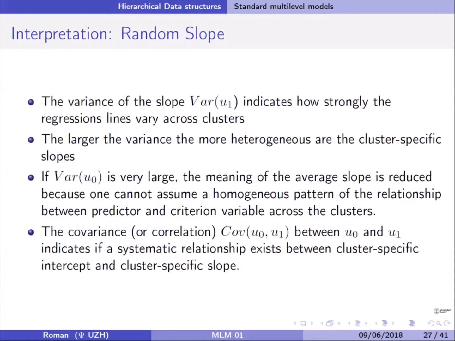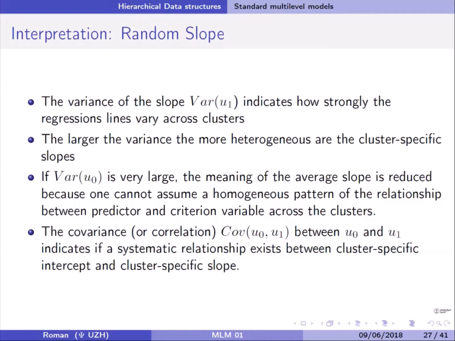We just mean the slopes are more similar when the variance is low, and the slopes are more different when the variance is high. If the variance of U0 is very large, the meaning of the average slope is reduced because one cannot assume a similar pattern of the relationship between predictor and criterion variable across the clusters. It can be problematic if we have very high variance. This means that some clusters have negative slopes, some are very high, and it's hard to interpret the meaning of the average slope because we have so much variation.